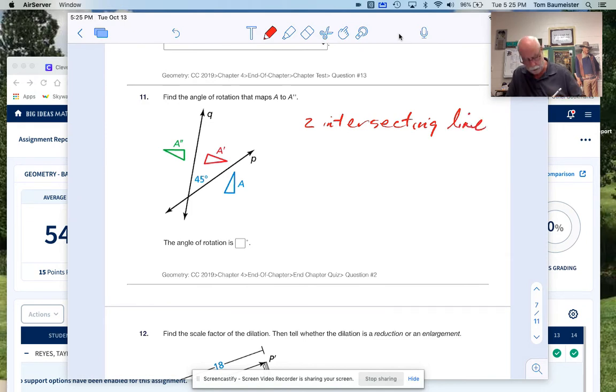Remember, if I have 2 intersecting lines, they're intersecting at a point, P. When they're intersecting at a line, remember the angle of rotation will be double the one that's there. All right? So if we're given that one, we know it's going to be 2 times 45 degrees. So our angle of rotation will be 90 degrees.